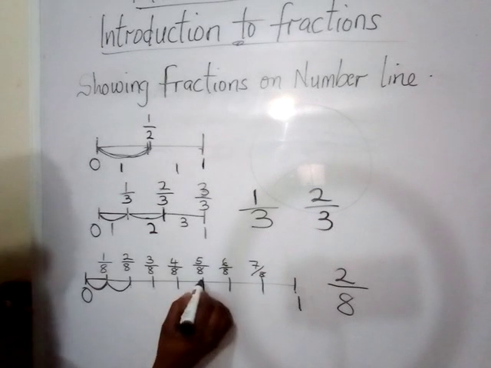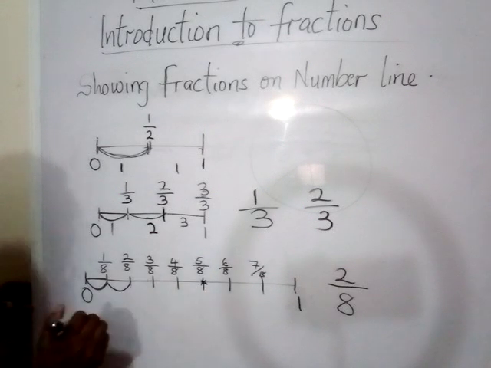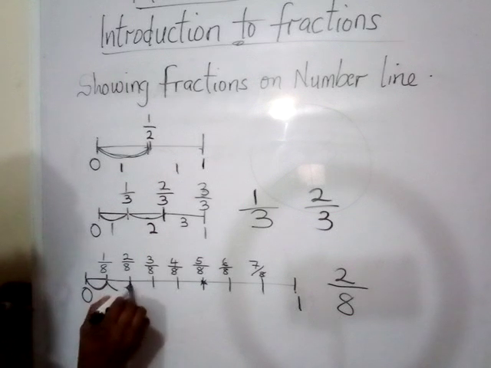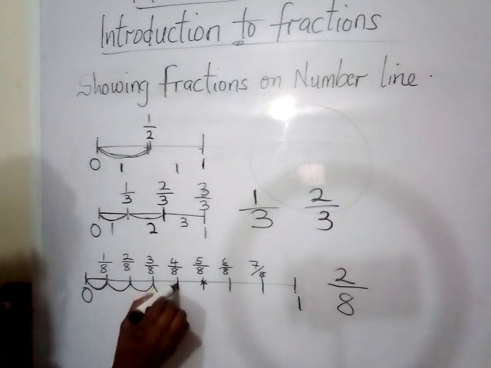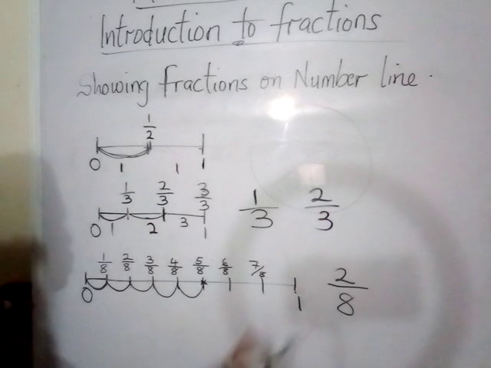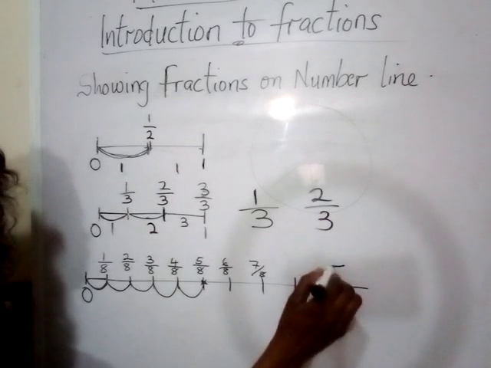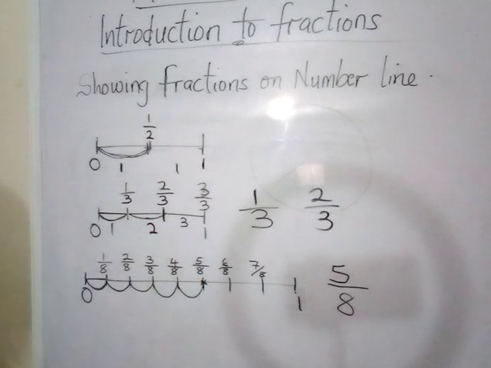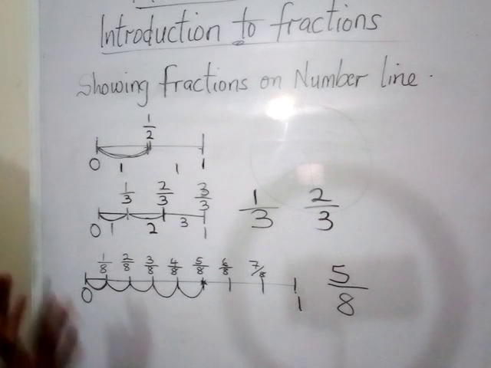If we are looking at this part, for instance, in the middle, let's see. We have 1, 2, 3, 4, 5. So that is 5 parts out of 8. That's why it is expressed that way, 5 out of 8. So that's how you use your number line.